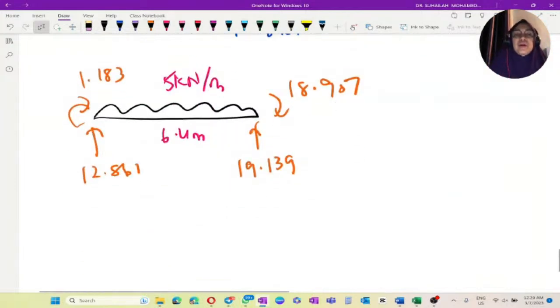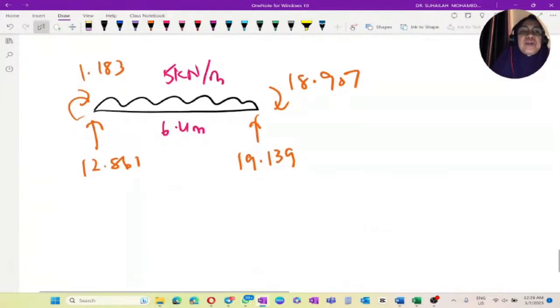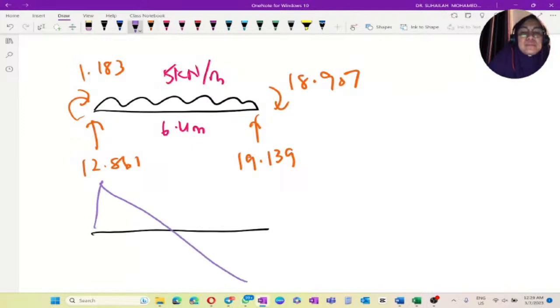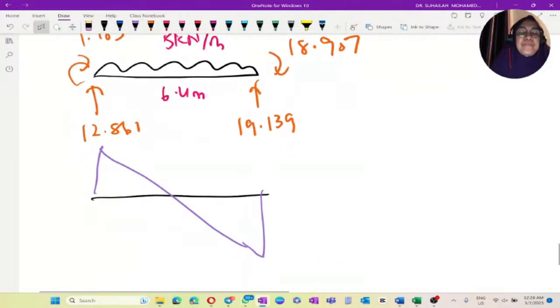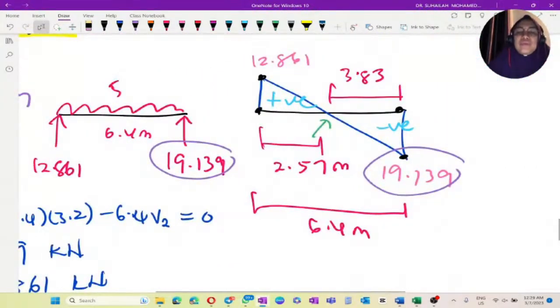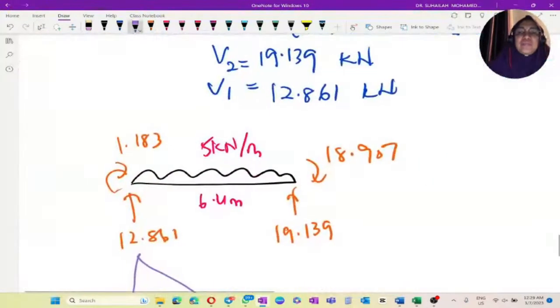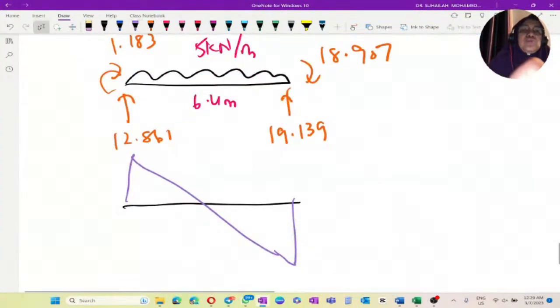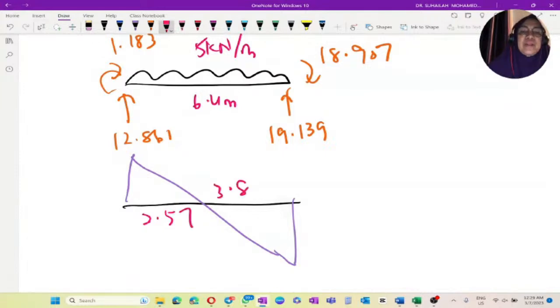Okay, from this the shear force diagram is like this. This is the shear force diagram. 2.57, 3.83.